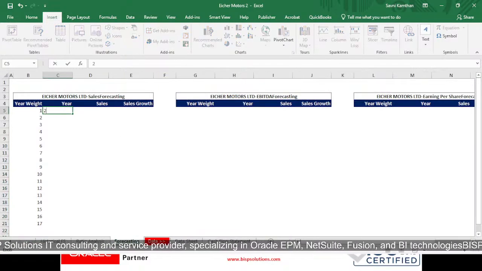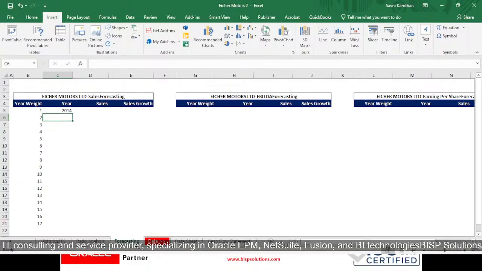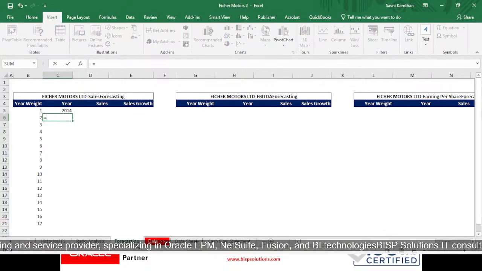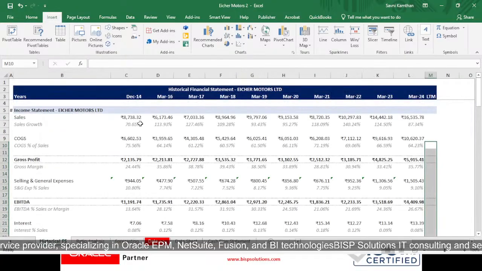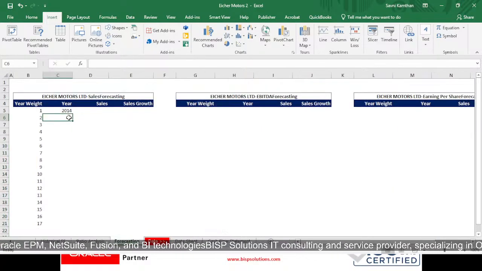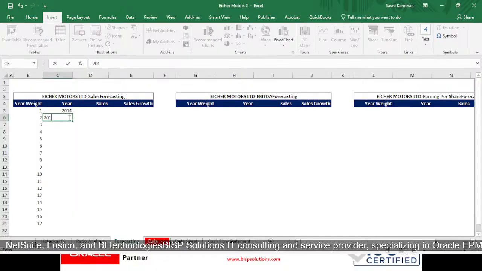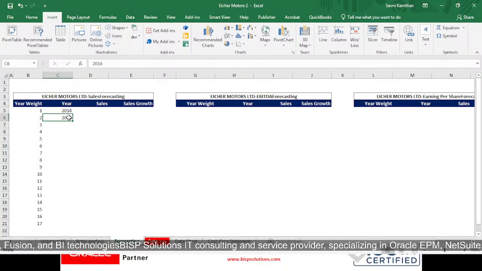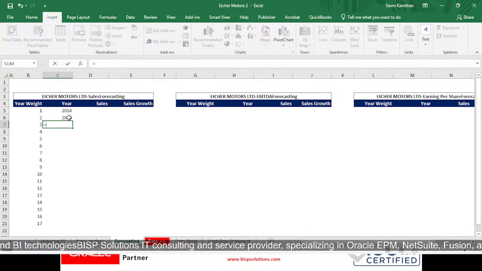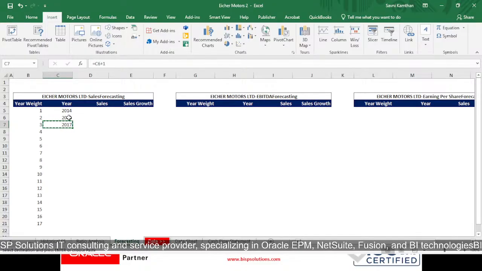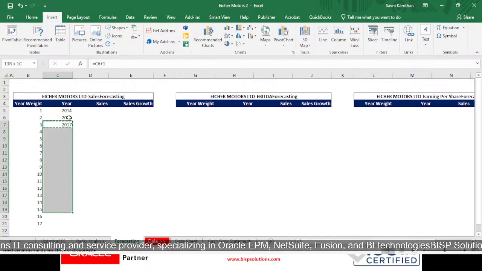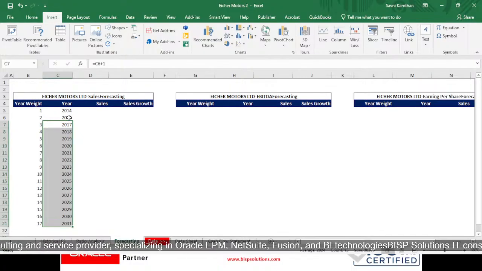So for that we will be entering 2014, and then 15 is not there, so we will be doing manual entry over here. Then from 2016, this plus 1. Now we will be dragging it till the end, so it is our 2031.